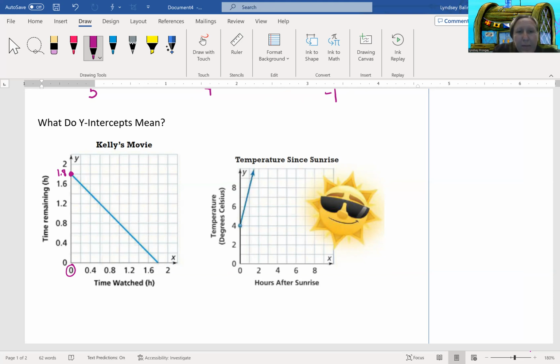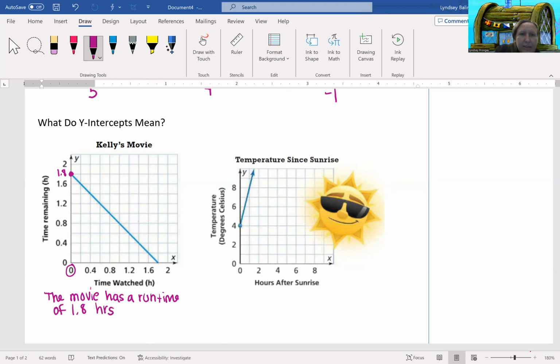If no time has been spent watching this movie, this y-intercept is saying that the movie has a length, I'm going to say runtime, but really just how long it's going to last. So the movie has a runtime of 1.8 hours.